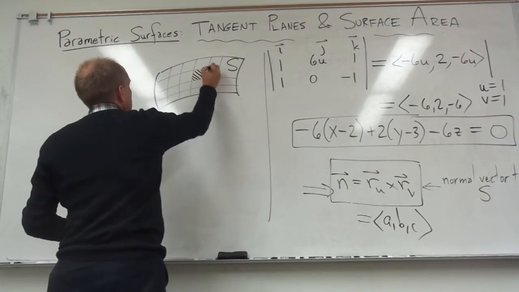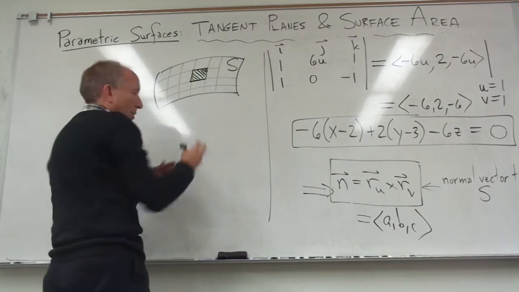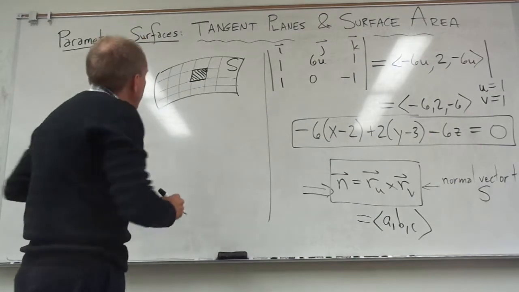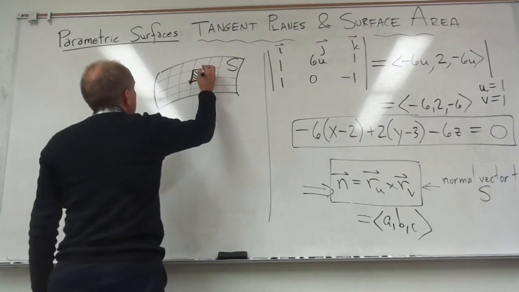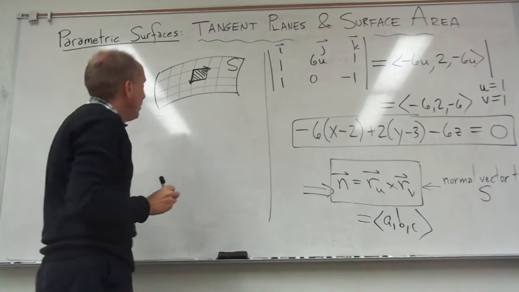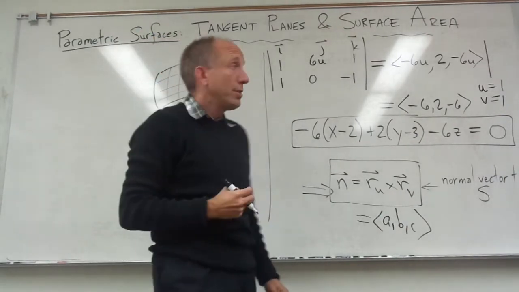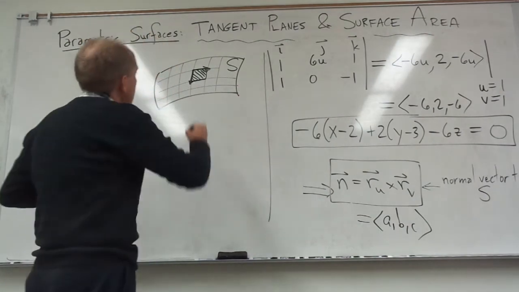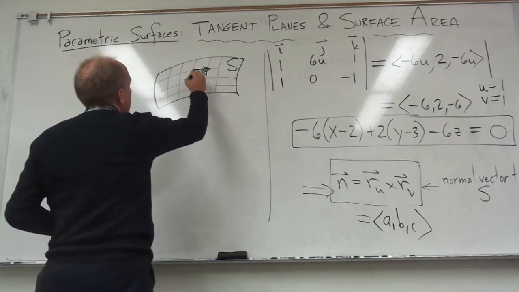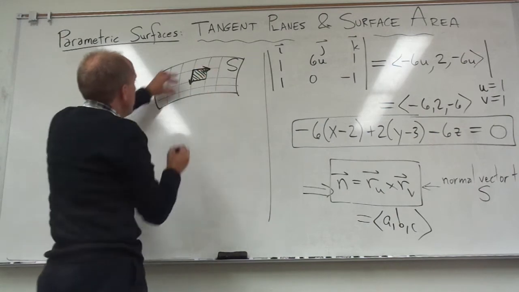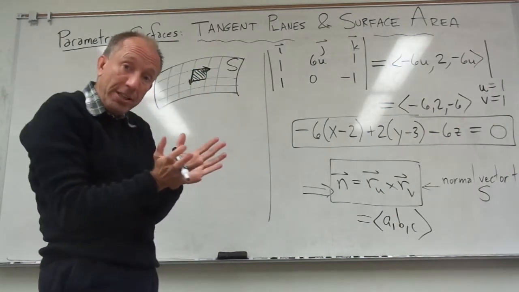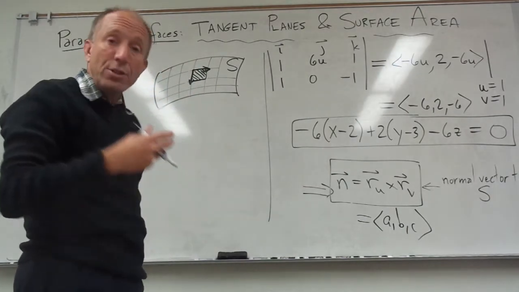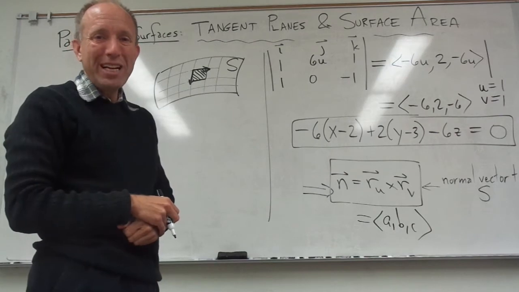These are approximately parallelograms when you've chopped the surface finely enough. And we've already seen an application of the material in this course to finding areas of parallelograms. The area of the parallelogram formed by two vectors along the sides of it, such as what I've drawn here, is simply the magnitude of the cross product of those vectors.